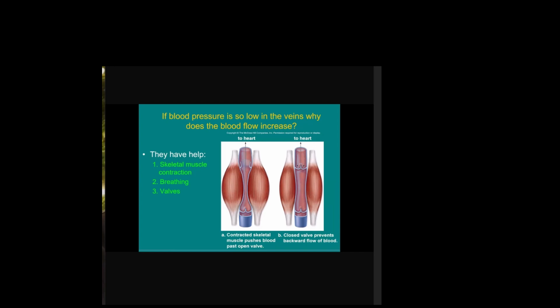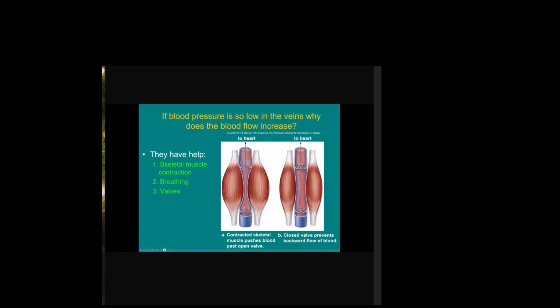Blood coming back to the heart is thanks to skeletal muscles squeezing on the blood vessels. Veins have one-way valves, preventing backflow. When the muscle contracts, it squeezes the veins, and then the blood will move up this section.